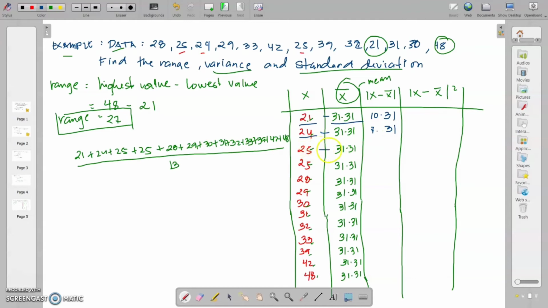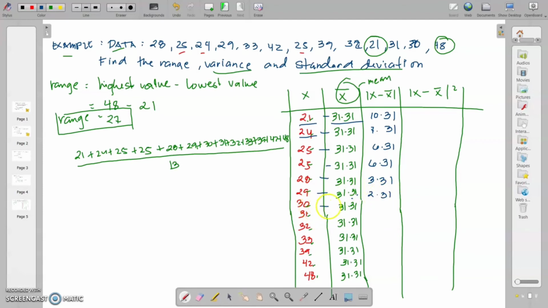Next is 25 minus 31.31 equals to 6.31. Next is same 6.31. Then 28 minus 31.31 is 3.31. Then 29 minus 31.31 is 2.31.